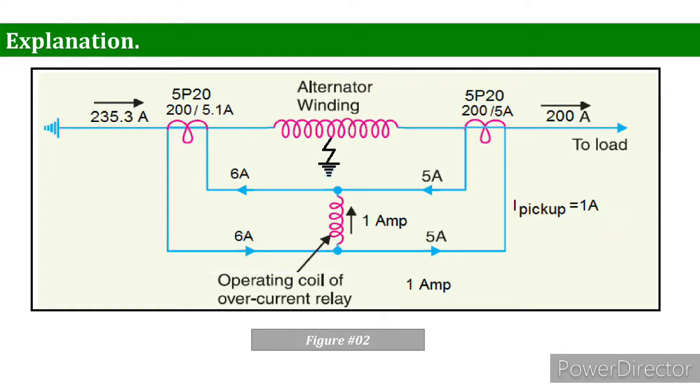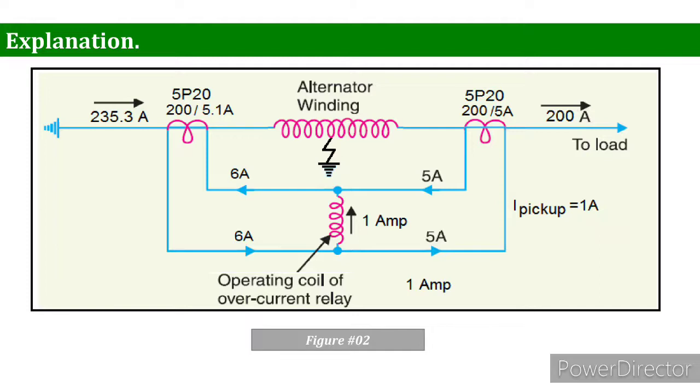Now we have the same circuit, we have the same CTs that we used in the last slide, but now one condition is changed, that is the flow of current. We had the same currents in the last slide, but in this slide we have two different currents.